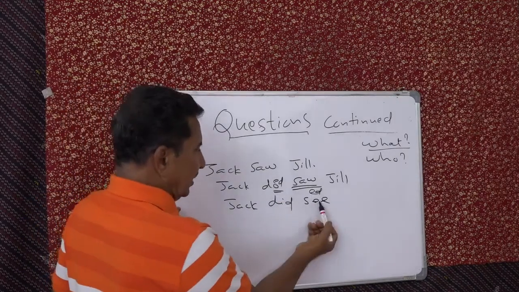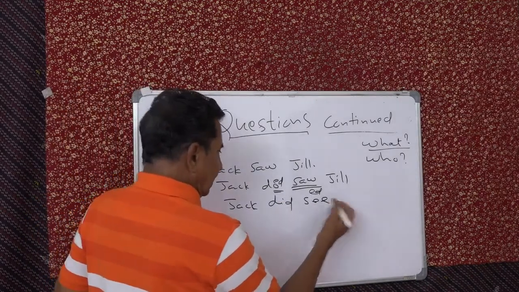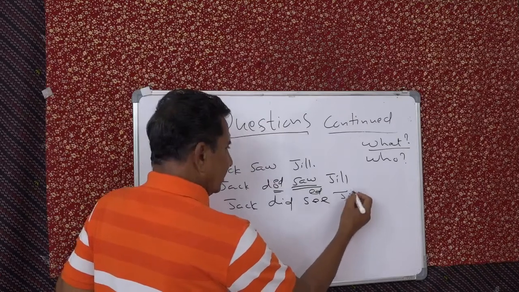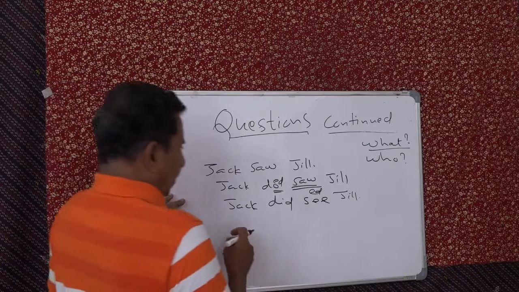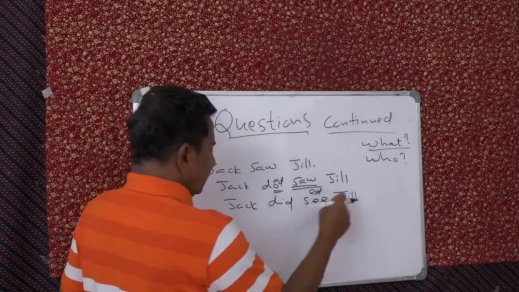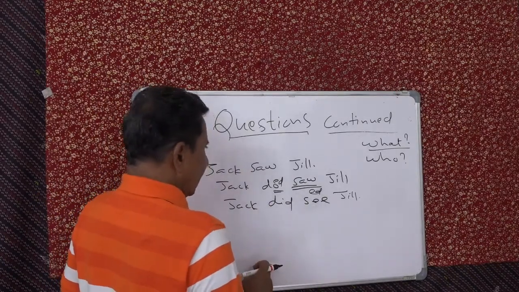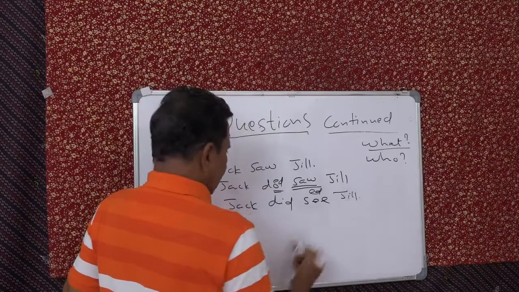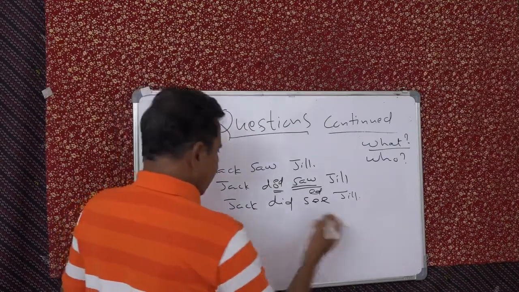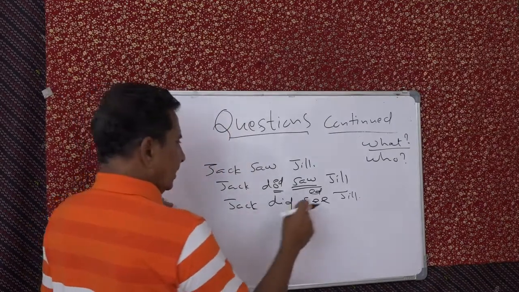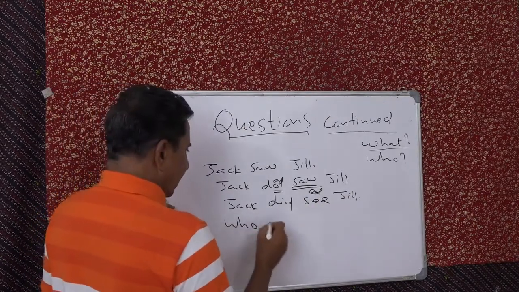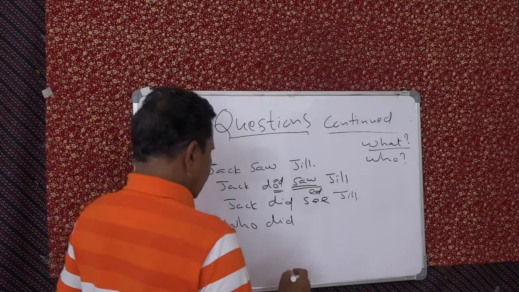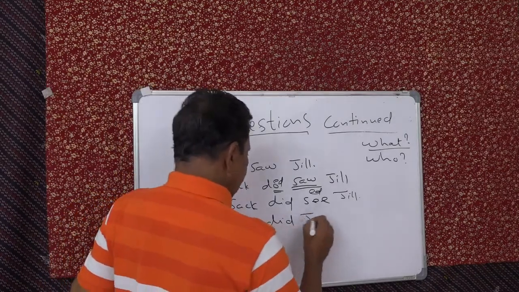So what remains here is only see. That Jack did see Jill. See that? Then Jack did see Jill. And the question word: who did Jack see Jill?